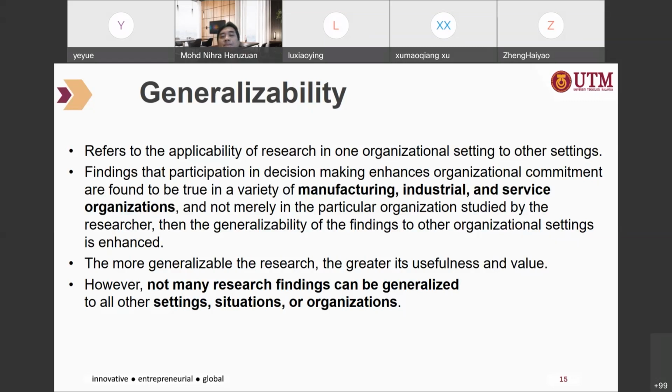Then the generalizability of the findings to other organizational settings is enhanced. The more generalizable the research, the greater its usefulness and value. However, not many research findings can be generalized. You also need to be aware of that.